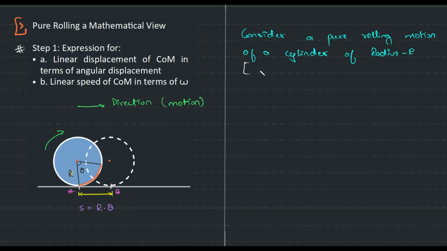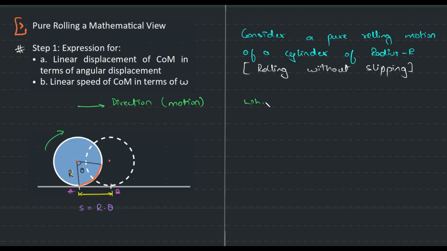So this is nothing but your rolling. Till now I have not officially defined rolling. I'll be doing that in the next video. So it's nothing but rolling without slipping. So we'll dig into the statement a bit more actually.